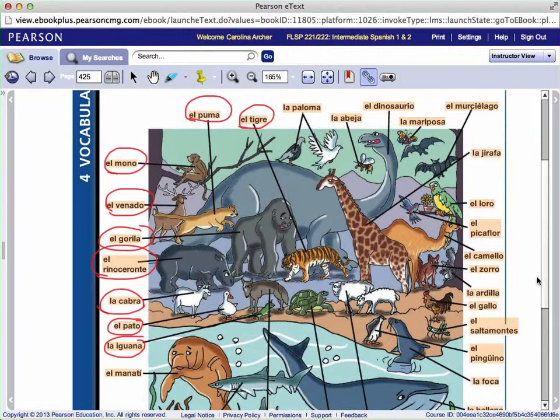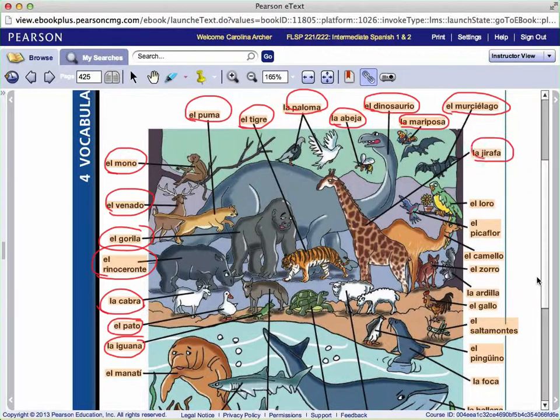La paloma, it can be a dove or a pigeon. La abeja, the bee. El dinosaurio, la mariposa, the butterfly. El murciélago. El murciélago is the bat.